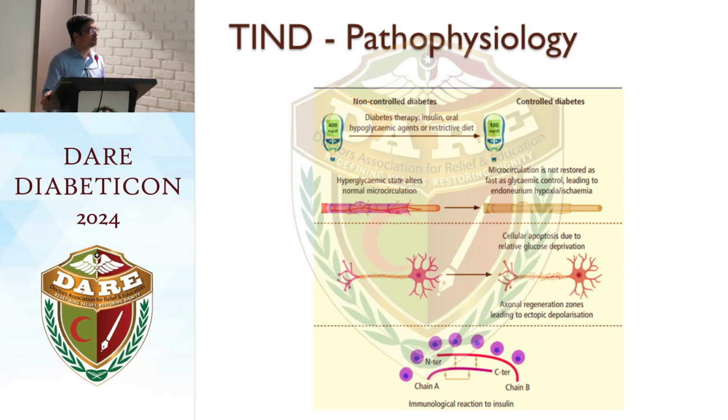Also, axonal regeneration happens because of the correction in glycemia. Those newly generated nerves ectopically produce currents that lead to pain. And there is also an immunological reaction to insulin itself.